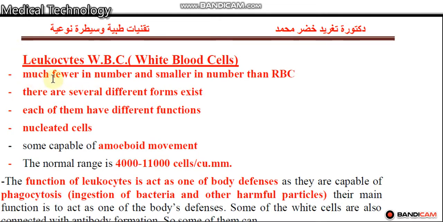Leukocytes or white blood cells are much fewer in their number. So, the number of white blood cells is less than the number of RBCs.